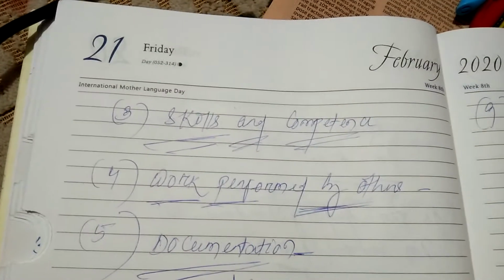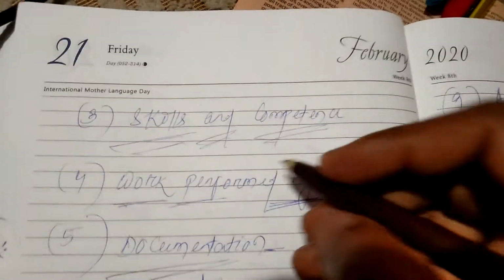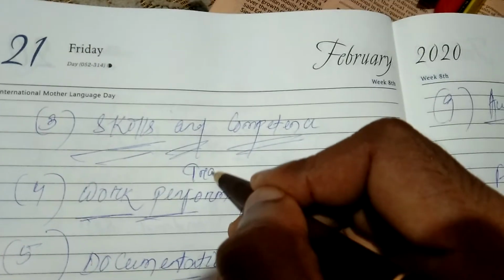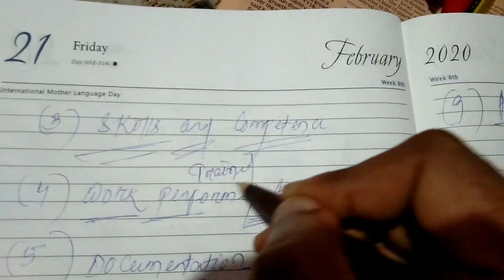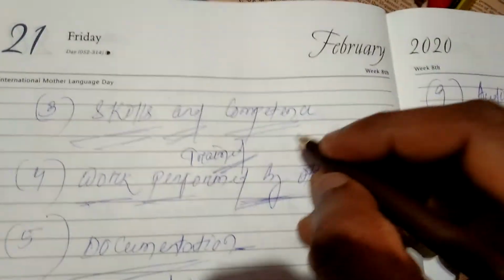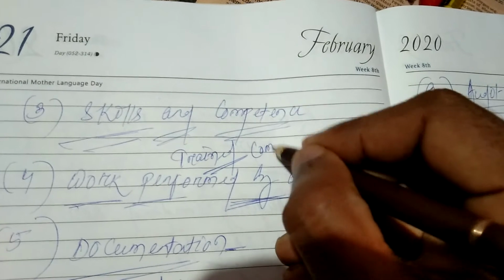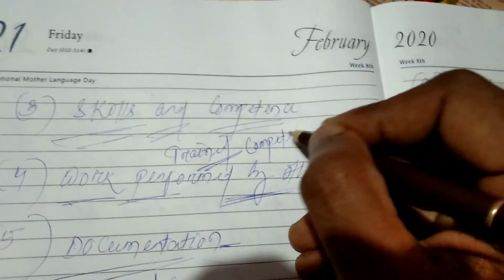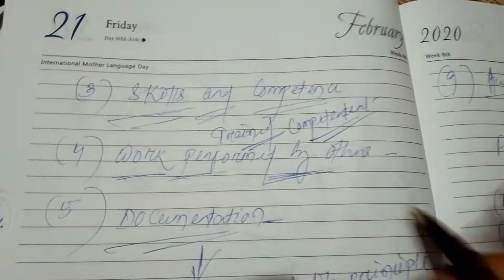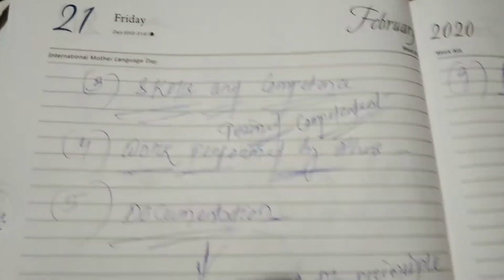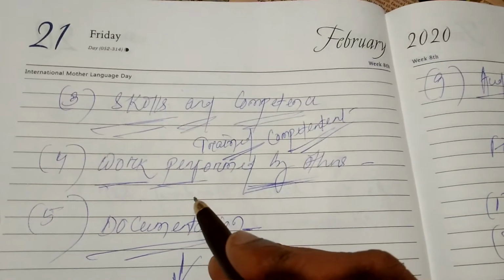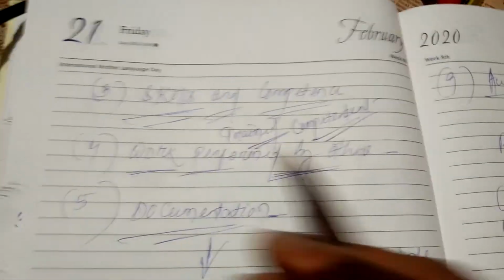Then skill and competence: the auditor must be skilled, trained and competent. Then work performed by others: you must judge and supervise the work made by others, experts or auditors.